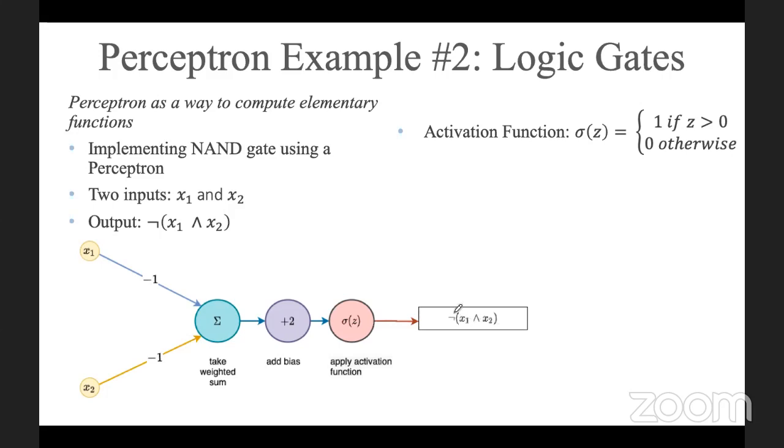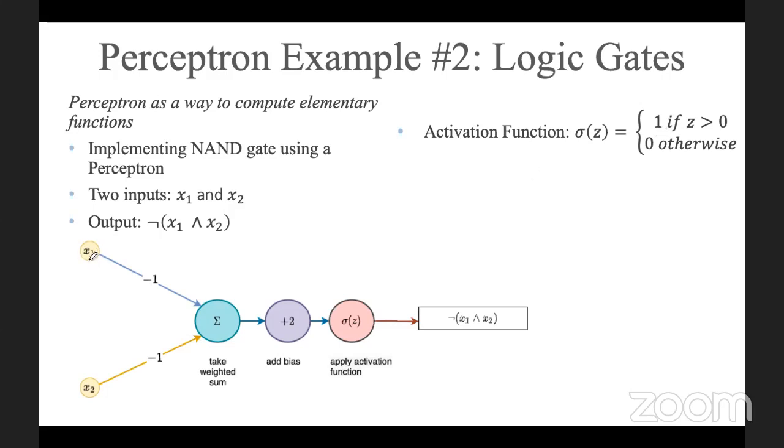Now we will see a few inputs, and the rest you can try yourself. If I give it 0 and 0, this becomes 0, and you add a 2 to it. Of course it's positive, so the activation function will output 1. So it is correct.